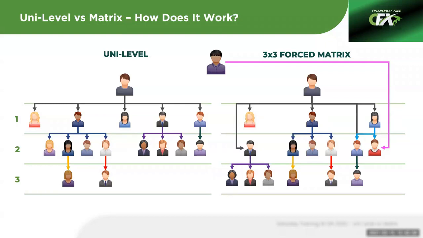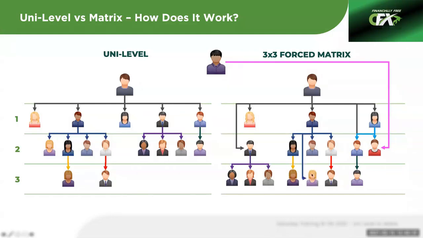Well, let's have a look at his matrix. His first 3 positions are filled, and the system is going to look to build evenly across his second level, because it can have 9 people here, but he's got 1 person here, 1 person here. This position's out of balance. So what the matrix is going to do is take this lady here and slot her there.